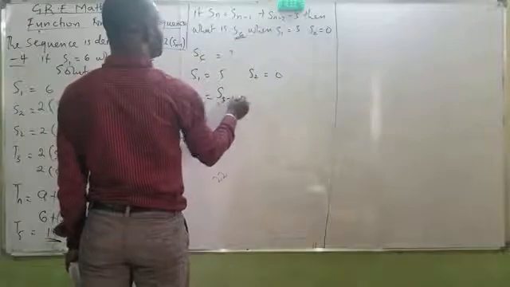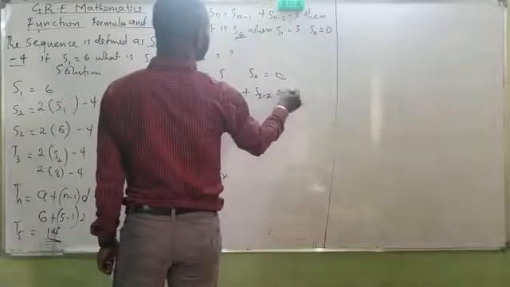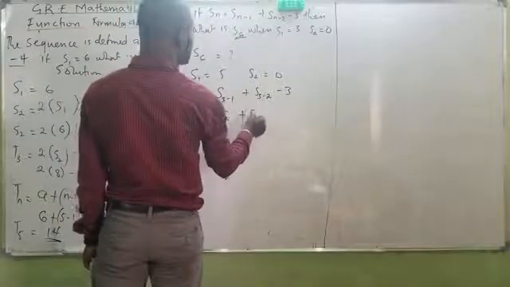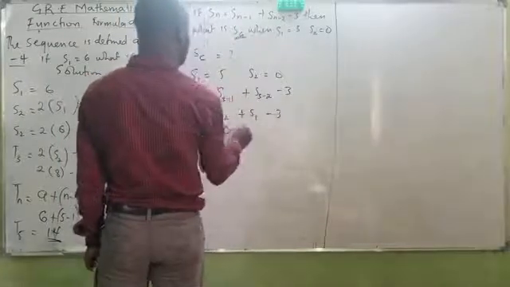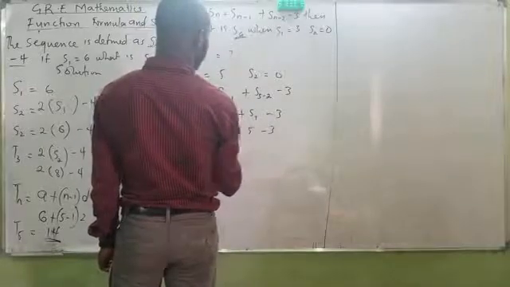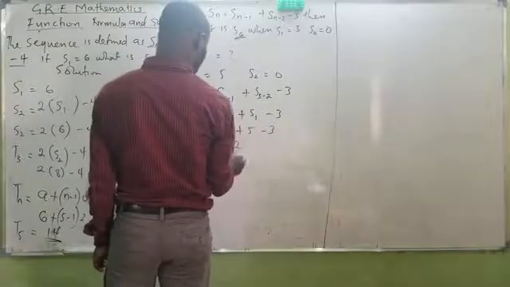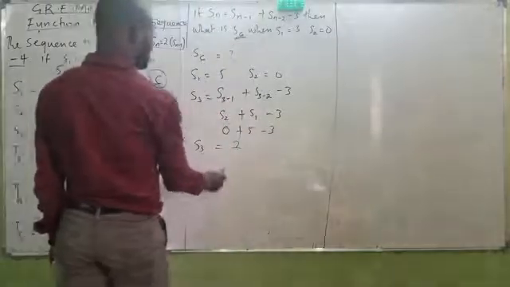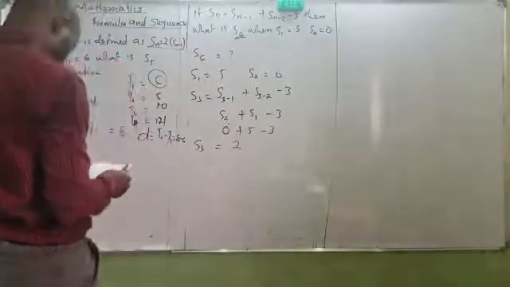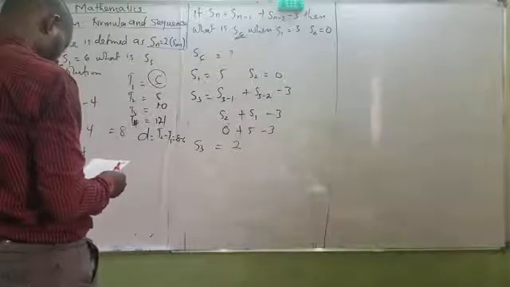S3 equals S3 minus 1 plus S3 minus 2 minus 3, which is going to be S2 plus S1 minus 3. 0 plus 5 minus 3, which my S3 will be equal to 2. S3 will be equal to 2. Now, since my S3 equals 2, okay, hope I'm not making a mistake.